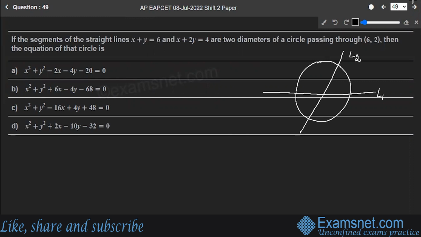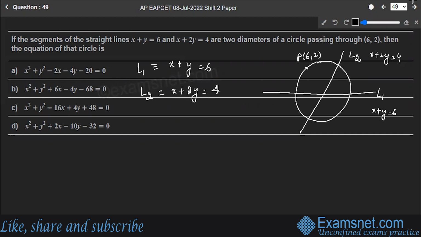So line L1 is x plus y is equal to 6, and L2 is given by x plus 2y is equal to 4. These are the two equations of the line. They are the diameters of the circle passing through (6, 2). So this circle is passing through the point P, which is (6, 2), then the equation of that circle is.